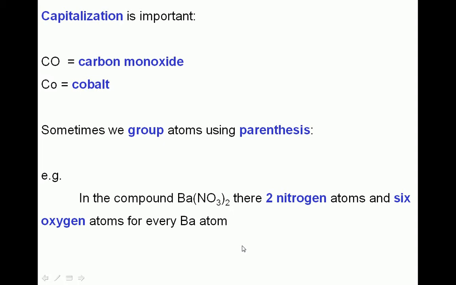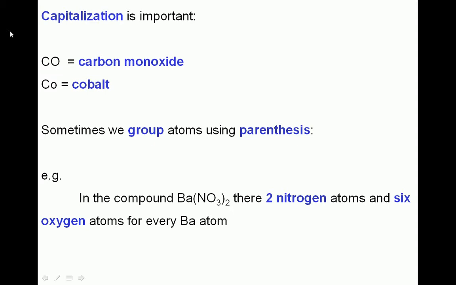Now there are a few caveats to remember. Firstly, capitalization is important. You need to write the correct symbols for the elements, including the correct capitalization. For example, uppercase C, uppercase O indicates the compound carbon monoxide, which has 1 carbon for every 1 oxygen atom in its molecules.